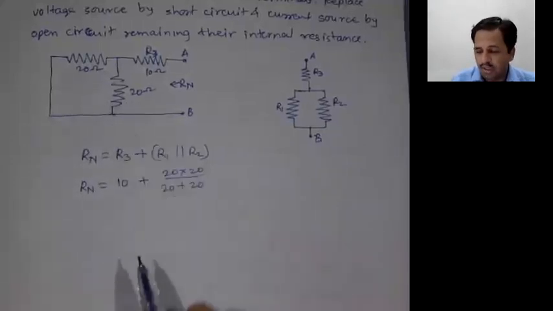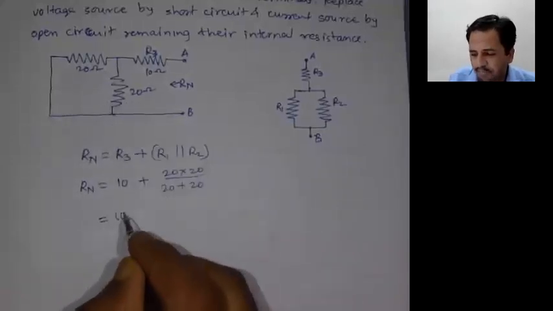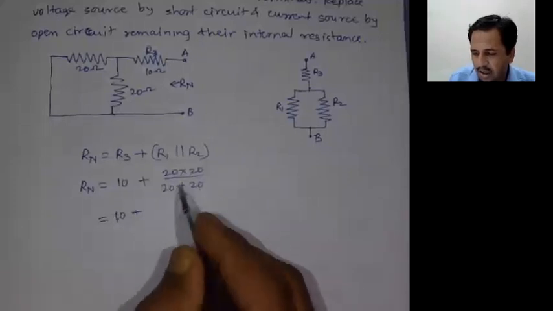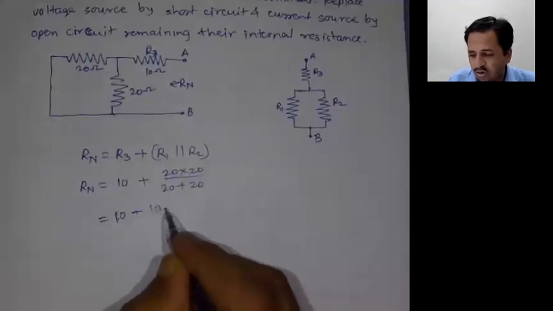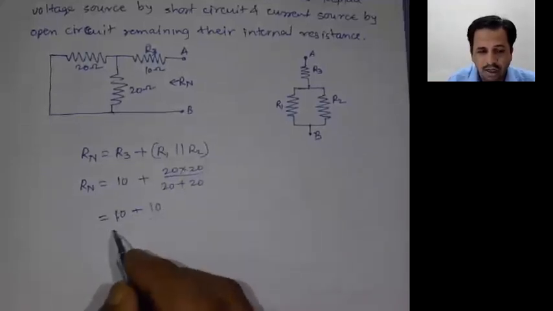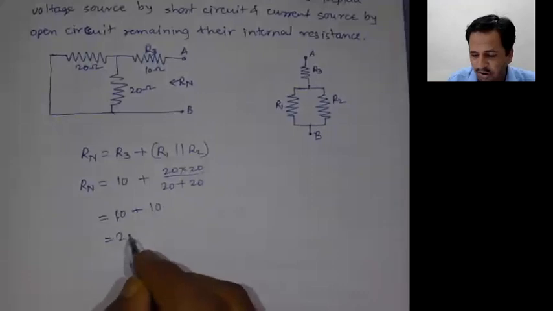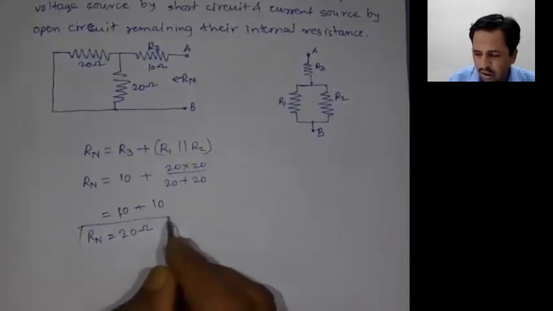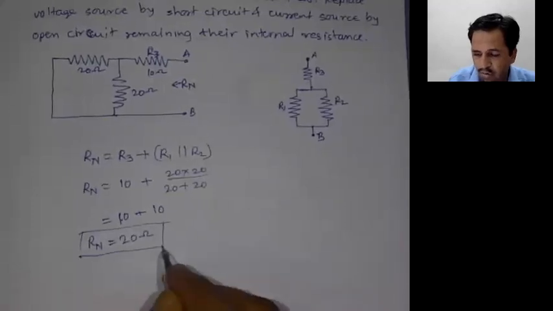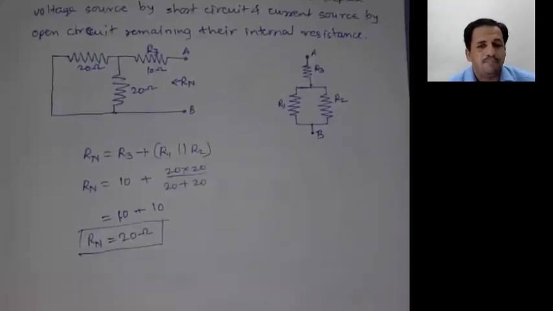That thing you must remember. So 10 plus 10, the simplified value is 20 ohm, that is RN. You get 20 ohm equivalent resistance.